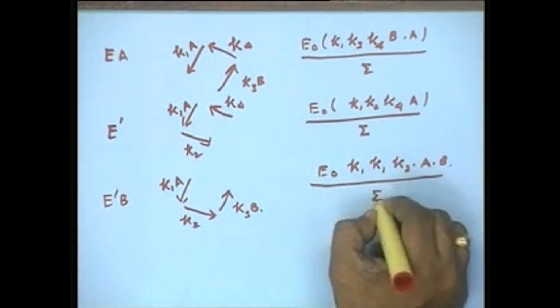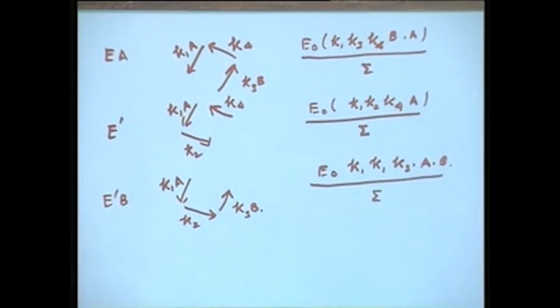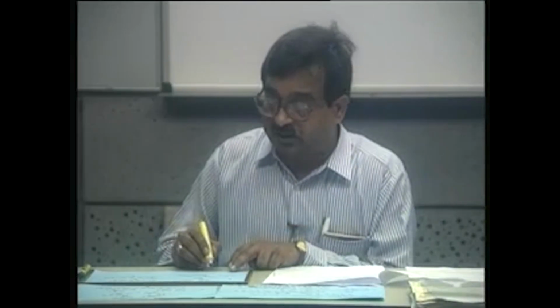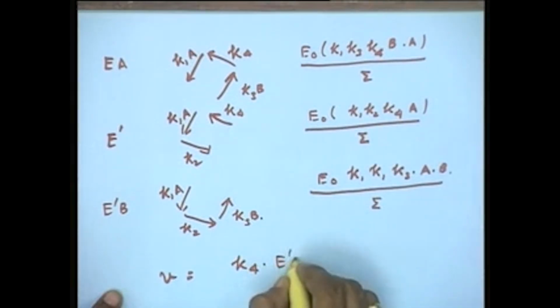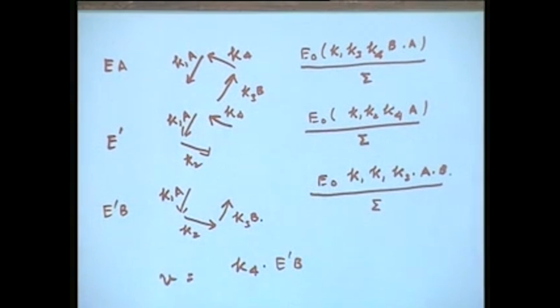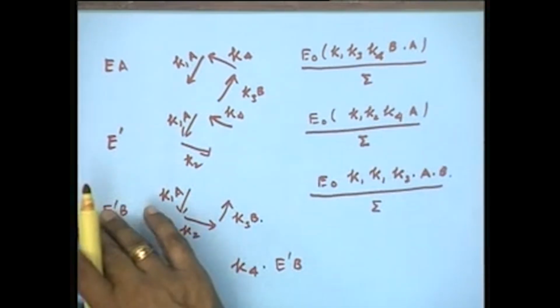So, having the relative concentration of each of the enzyme species, you can always write the rate expression, that is V equal to K4 into E'B. It can be either K4 into E'B, or it can be K2 into EA.